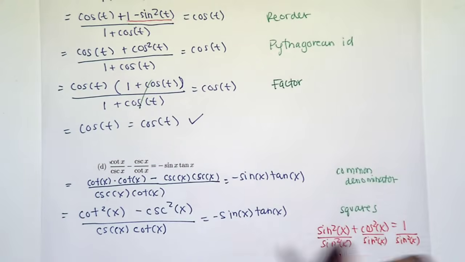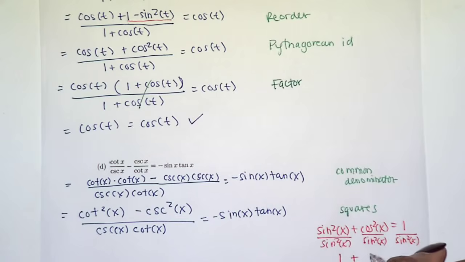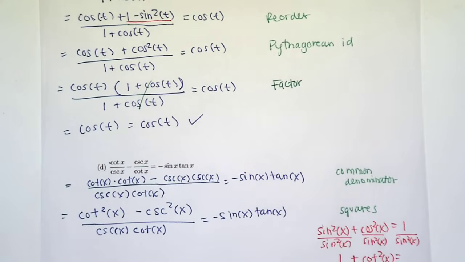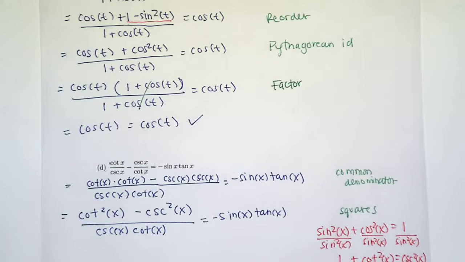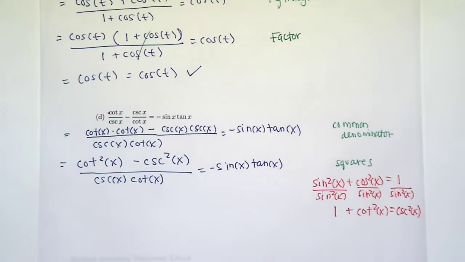All right, so that gives me 1. That gives me cotangent squared. That gives me cosecant squared. All right, well, what do we do with it? Which one do we replace?